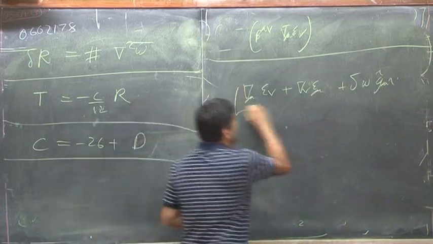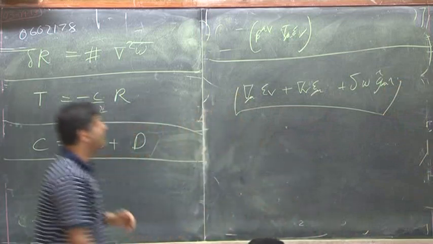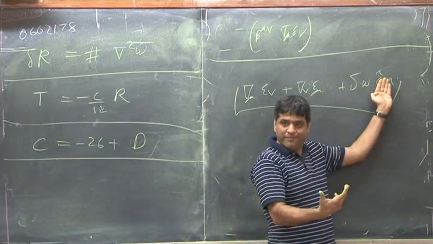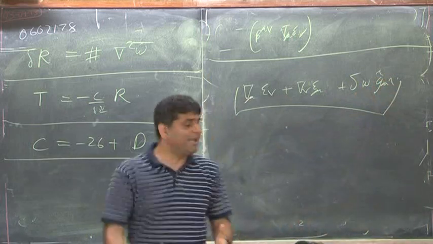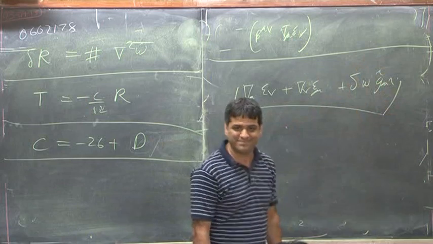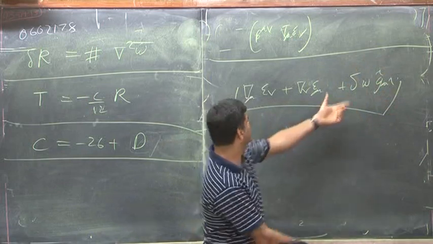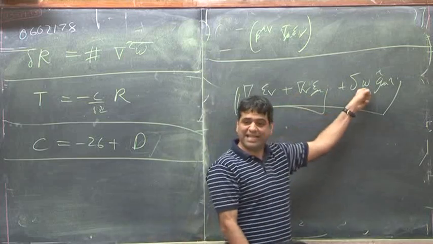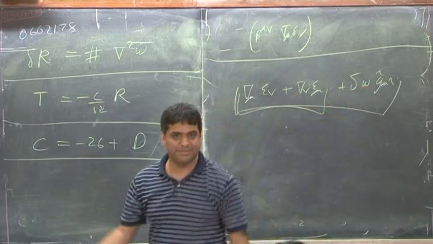Okay? So now this delta W basically can always be used to remove the trace part, because any term here that is proportional to g mu nu can be cancelled by choosing the appropriate delta W.